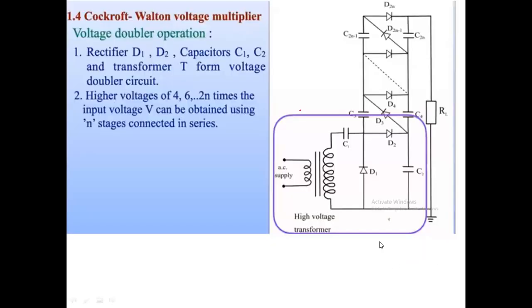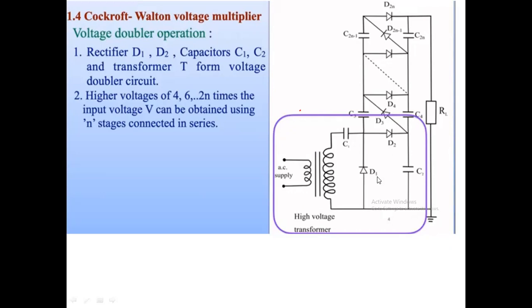So this is the Cockcroft Walton voltage multiplier circuit. The whole figure is actually the Cockcroft Walton voltage multiplier circuit, and the single unit of this multiplier circuit, the voltage doubler operation, is shown surrounded by this blue-purple line.